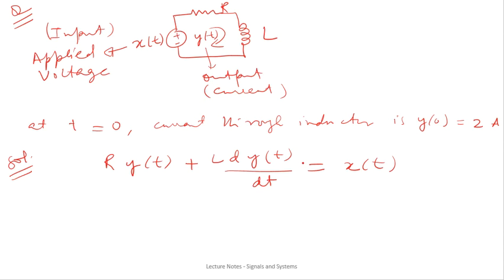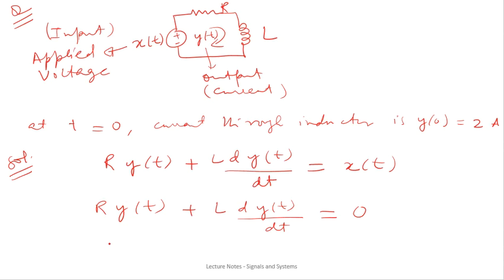We have summed the different voltages around the loop. Now the natural response is the solution of the homogeneous equation. So this is the homogeneous equation, you just equate it to 0. So the natural response will be the solution of this homogeneous equation. Okay, so the solution is actually given by equation 1 which we have written before for n equals 1.